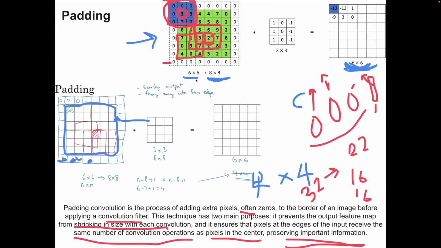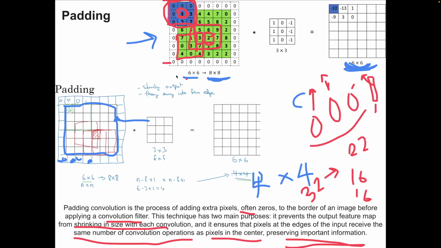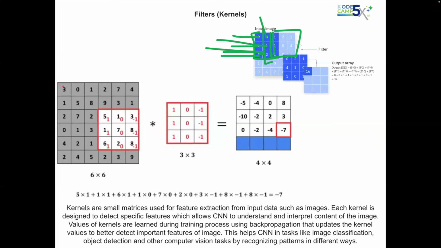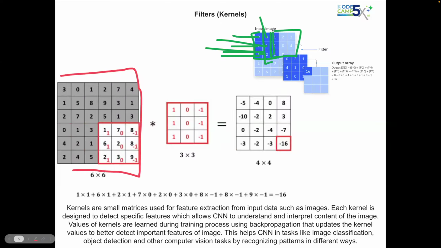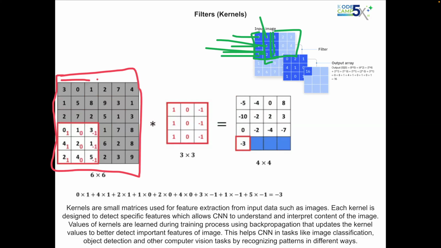Stride, filters, padding. Now, another thing we do in computer vision is called max pooling. So let's say we have this image, for example. We want to get the most important details, the most important pixels in this image. One of the things we can do is perform what is called max pooling. With max pooling, we apply a filter on this image.